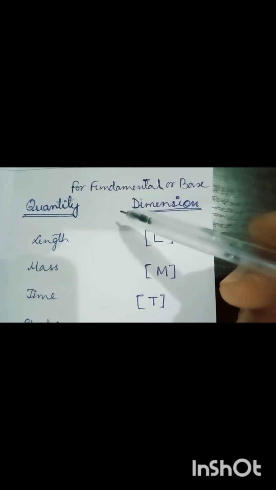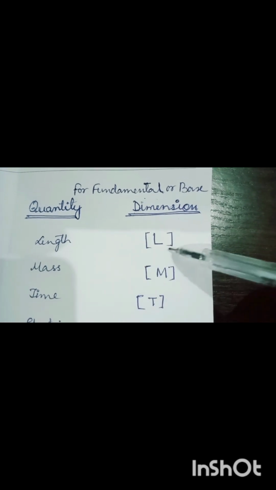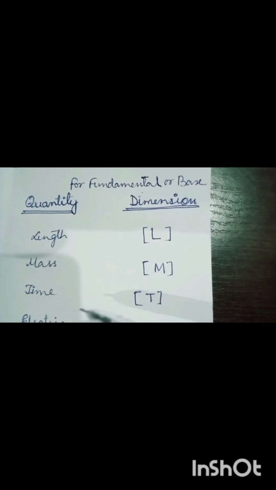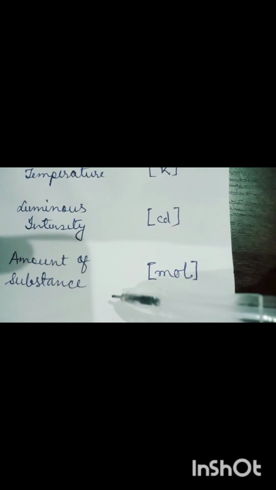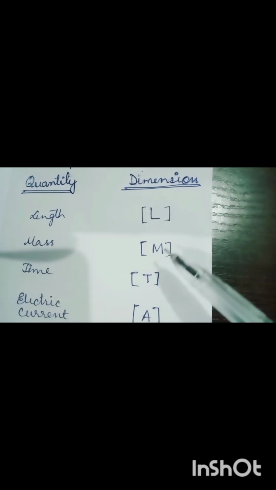So, dimensions for fundamental or base quantities are length L, mass M, time T, electric current A, temperature K, Kelvin, luminous intensity candela CD, amount of substance mole. So these are the 7 fundamental quantities, and these are the dimensions of all the 7 fundamental quantities.